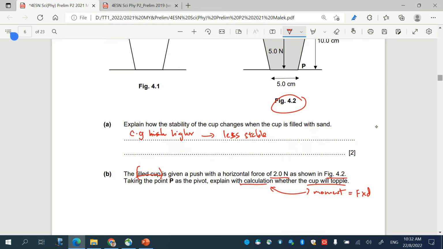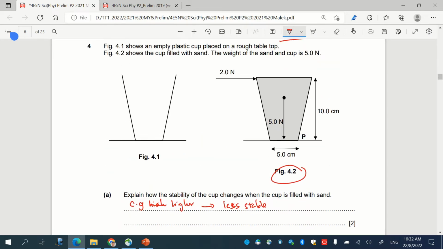If you look at this diagram, if this cup is pushed by the 2.0 Newton, it will turn in the clockwise direction. We have to check whether the clockwise moment is greater or lesser than the anti-clockwise moment caused by the pulling of the weight.